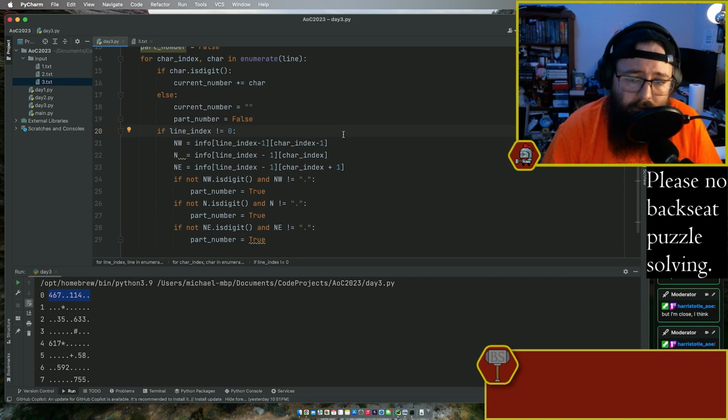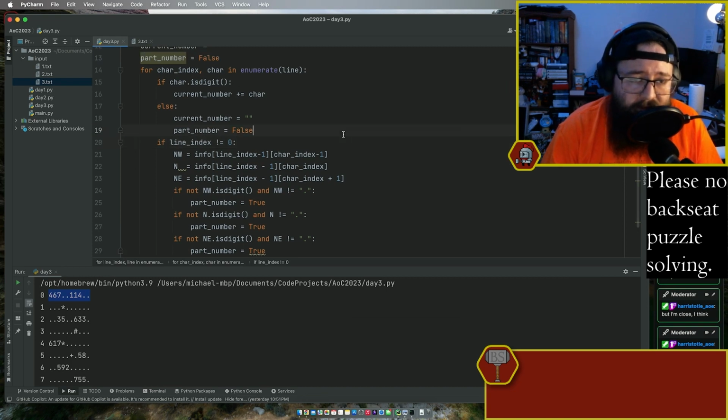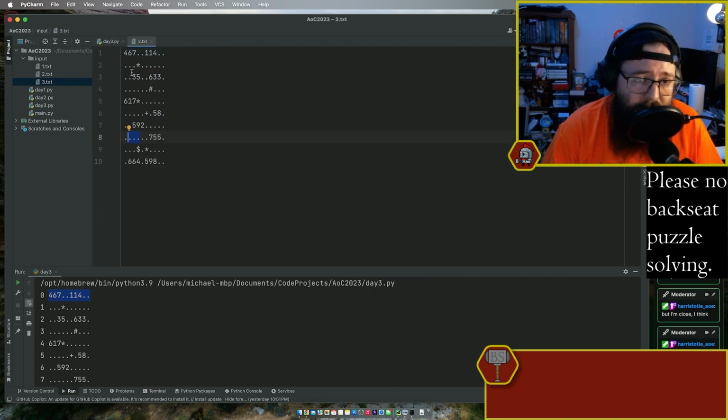So, because we want to make sure it's not a digit and it's not a period.